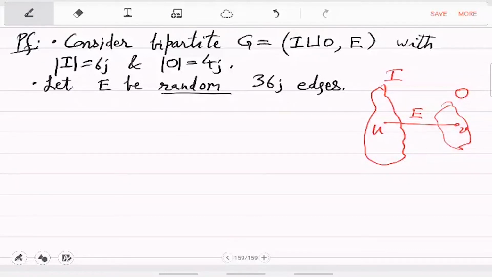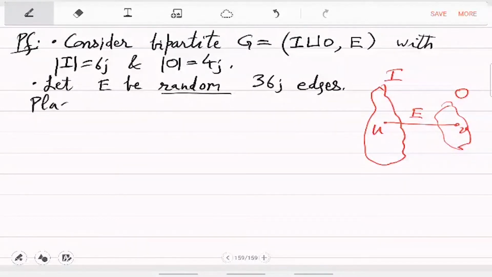There are no edges inside I or inside O because we want a bipartite graph. Of course, between 6j and 4j there could have been 24j squared edges, but we'll make do with 36j only. So pick them in a random way.